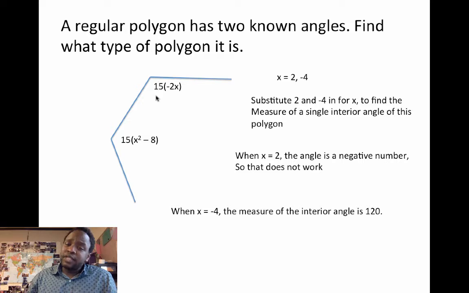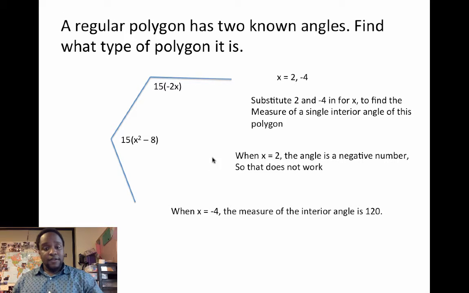Well, it's impossible in geometry to have a negative angle in a polygon, so that's not going to work. But when x equals -4, the measure of the interior angle is 120 degrees. 15 times -2 times -4, or 15 times 8, is 120. So now we know that the measure of each of these interior angles is 120 degrees.